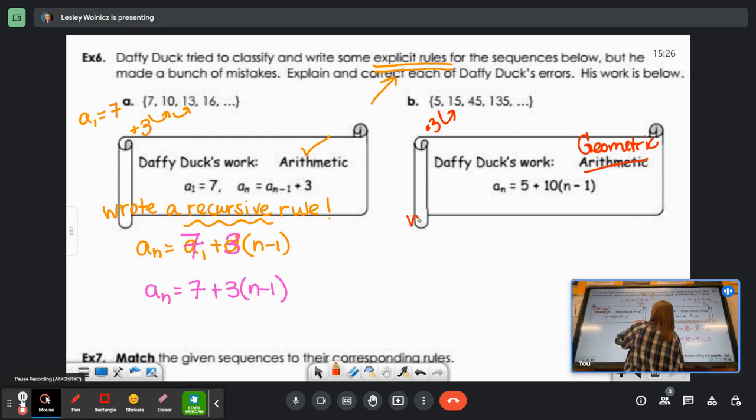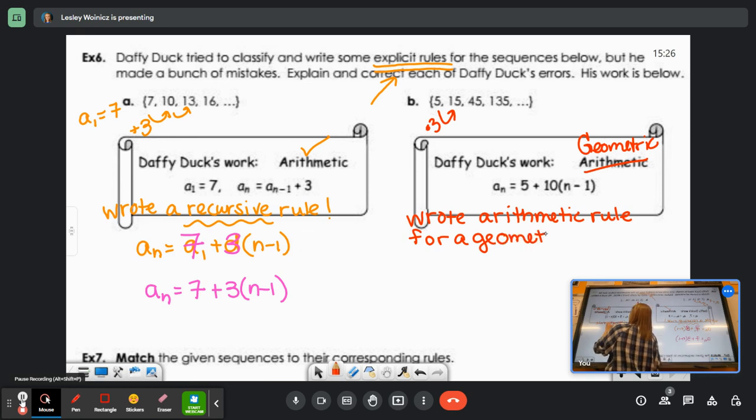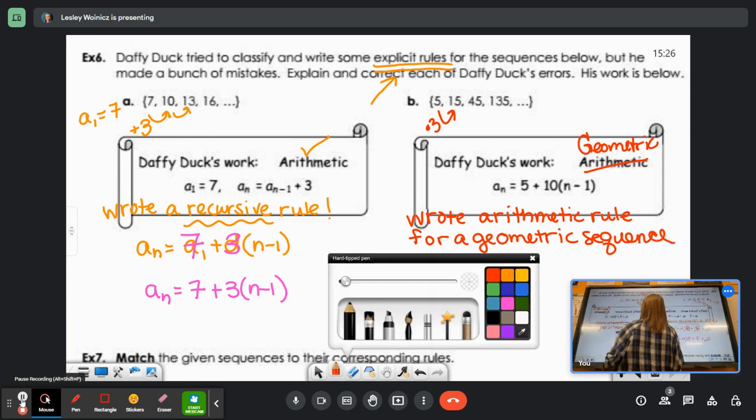So he wrote an arithmetic rule for a geometric sequence. Okay, let's fix it.